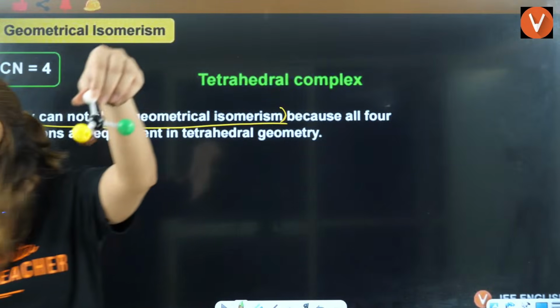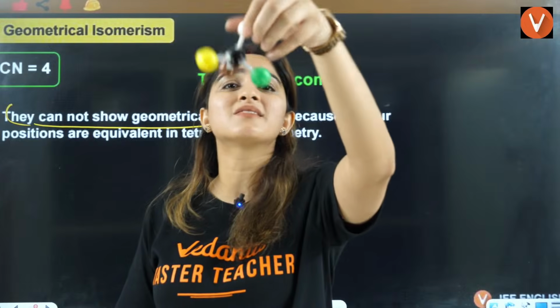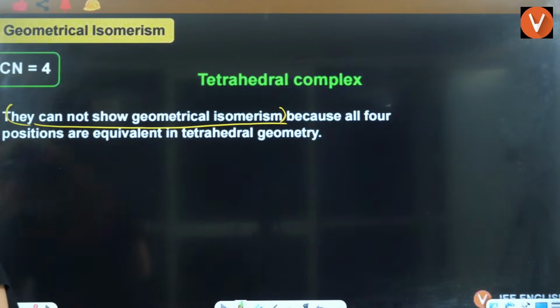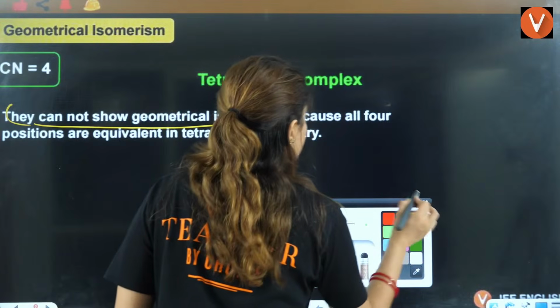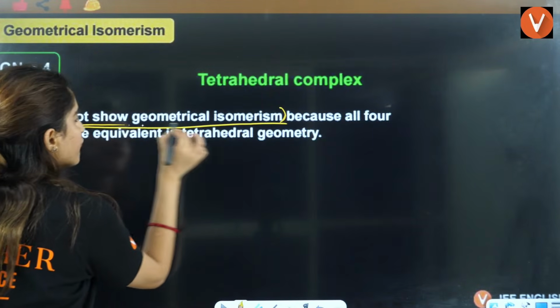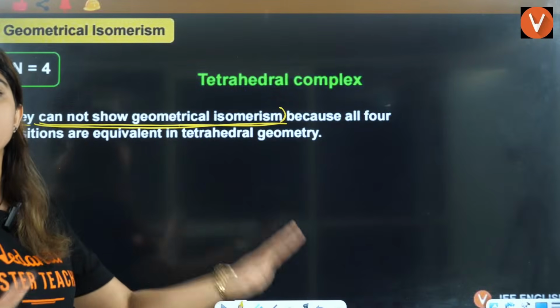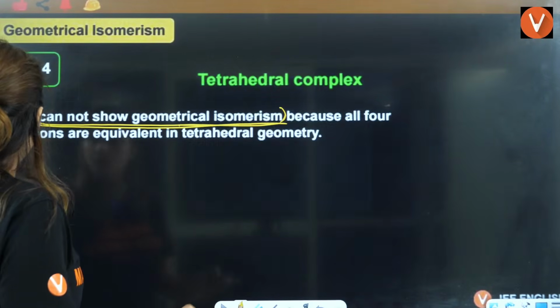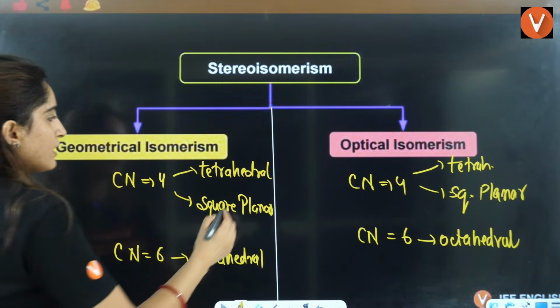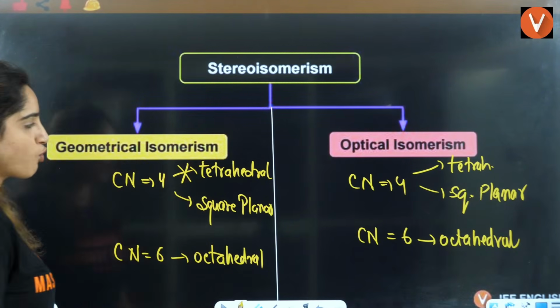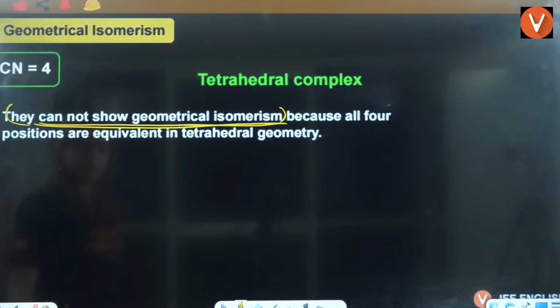Can you see? That's why here we are never going to discuss cis and trans. They can never show geometrical isomerism. Tetrahedral is never going to show cis and trans.